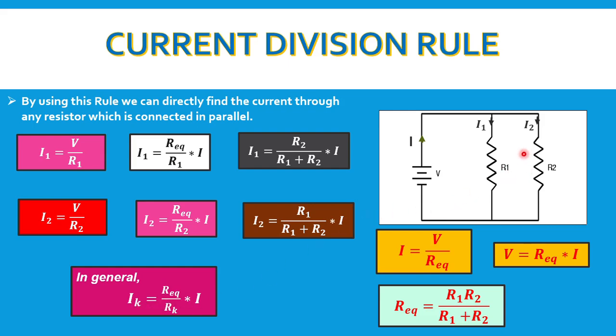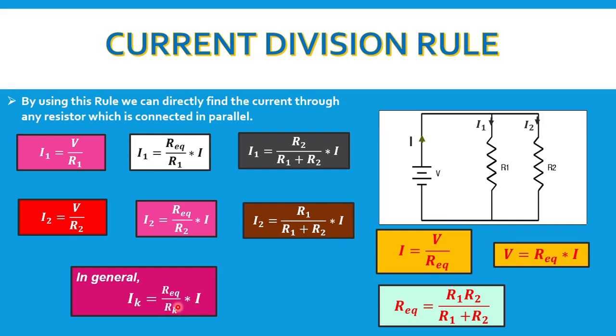If there are n resistors connected in parallel, and we have to find the current flowing through the kth resistor, we use this formula, Ik is equal to R equivalent upon Rk into I.